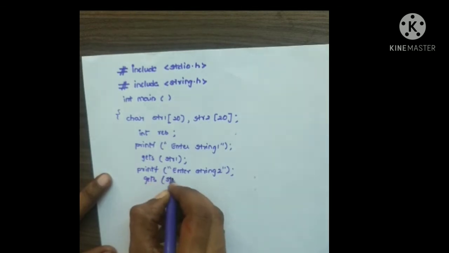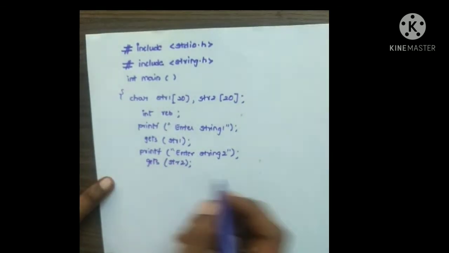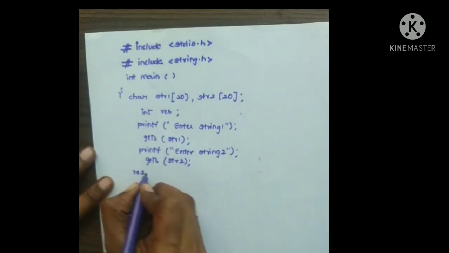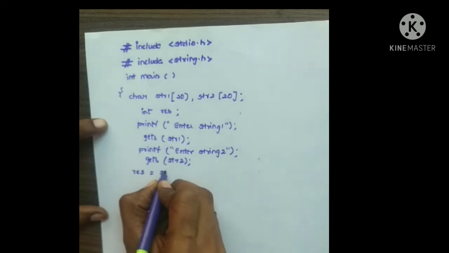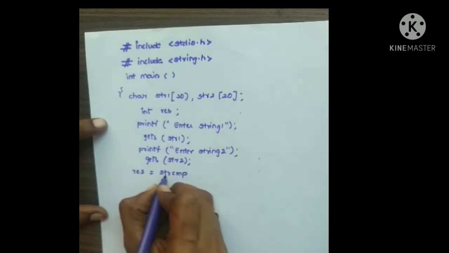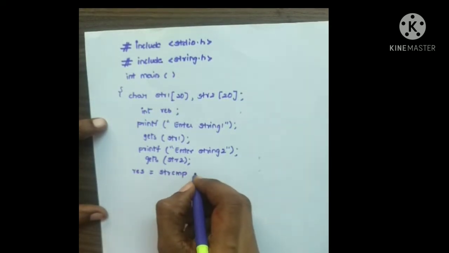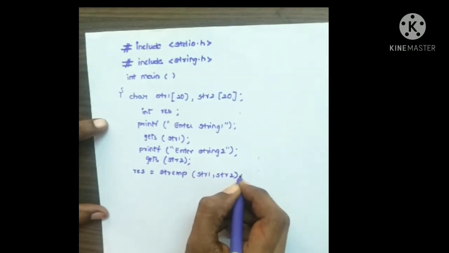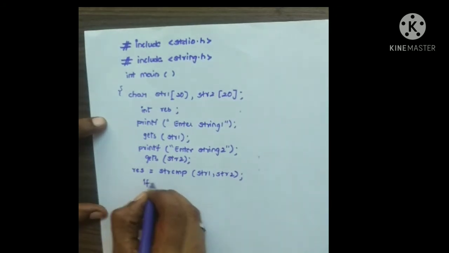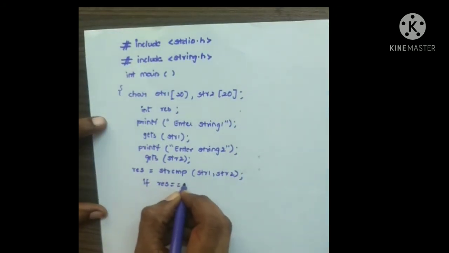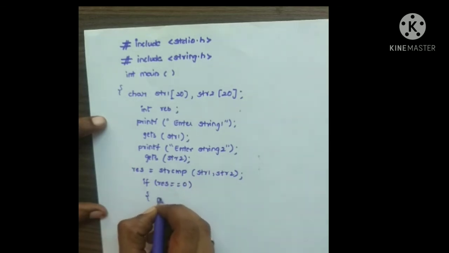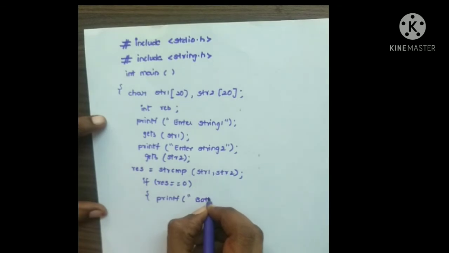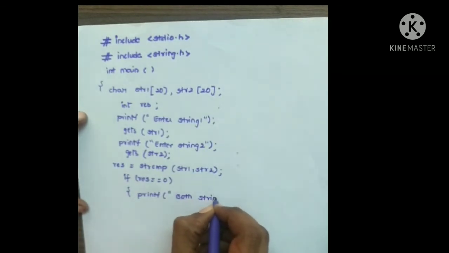Now I am going to use the compare function: result equal to strcmp of str1 comma str2. If result equals 0, then print the statement "Both strings are equal".